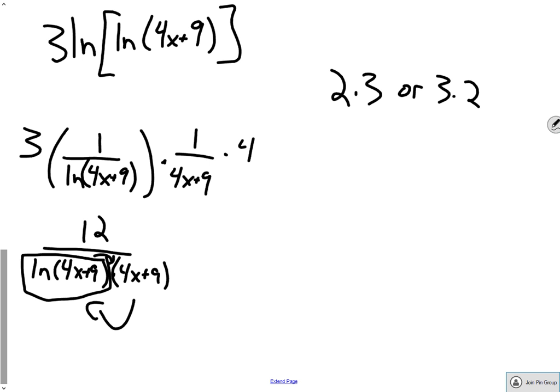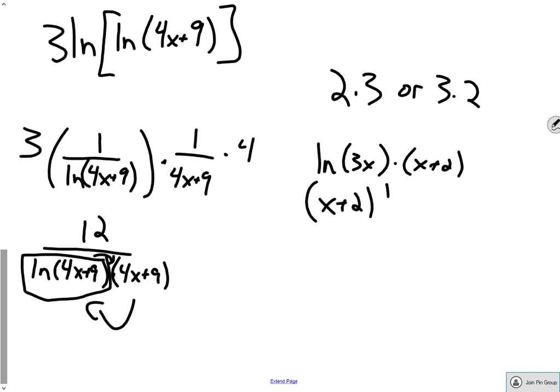If those two numbers were something like 4x plus 9 and 3x, you totally could switch them, just as long as the logarithm sticks with the number that it's with. So if I had logarithm 3x times x plus 2, I could switch it and go x plus 2 times the logarithm of 3x.